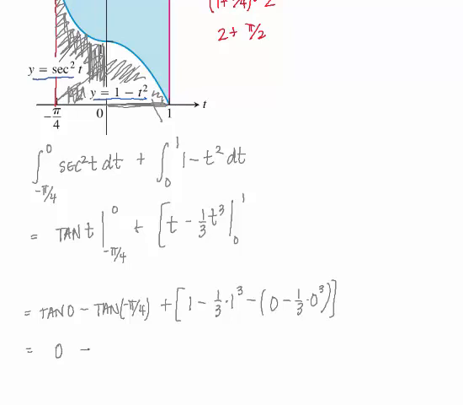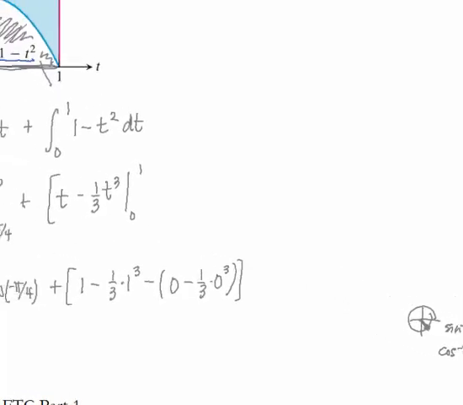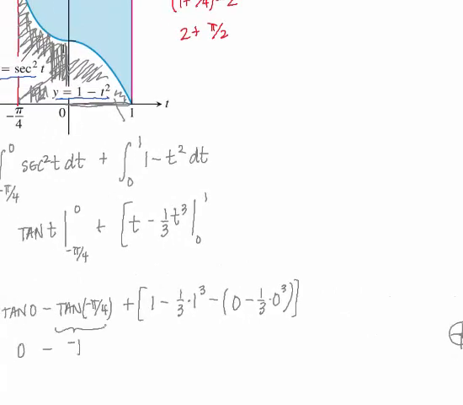The tangent of negative pi over 4, remember negative pi over 4 is here, so the sine of negative pi over 4 is negative square root 2 over 2, and the cosine of negative pi over 4 is positive square root 2 over 2. When we make sine over cosine, we get negative 1 for the tangent, plus 1 minus 1/3 minus 0.